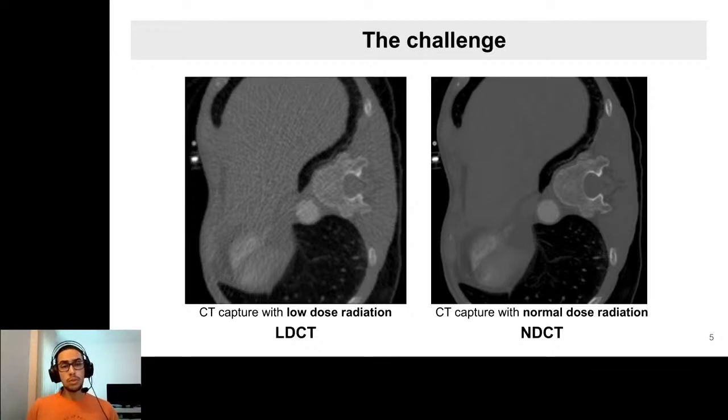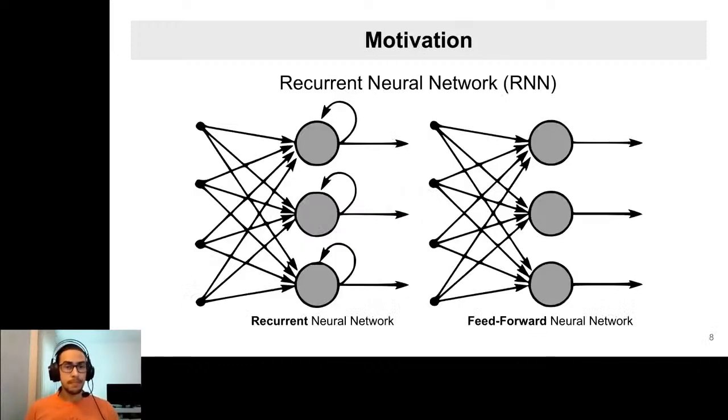From a low-dose radiation capture, we need to generate a new image which represents the version of the image captured with the normal dose of radiation, which has much less noise. We also want to solve this by getting a better result than the generative adversarial network applied to the same problem.